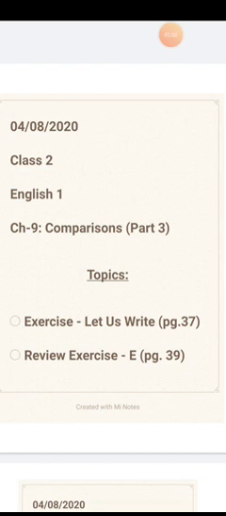Why? Because these are used to compare something or some people. That is why we use these describing words in a slightly different way.